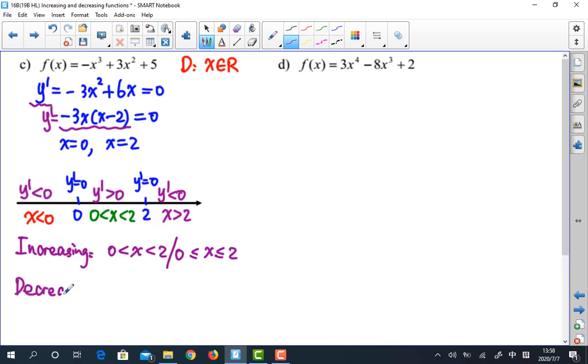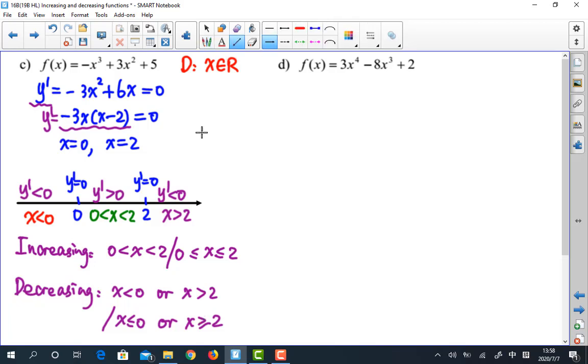Decreasing interval, so y prime is less than 0. So x is less than 0 or x is greater than 2. If you want to include the equal sign, feel free to do so. You also can include the equal sign for these two inequalities to show the decreasing interval.